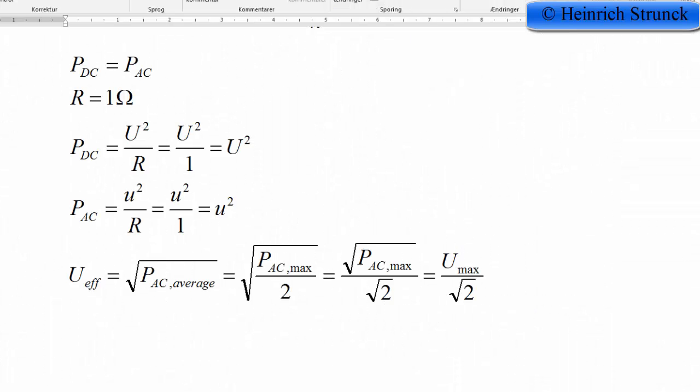So we can say again that this is the maximum voltage divided by the square root of 2.